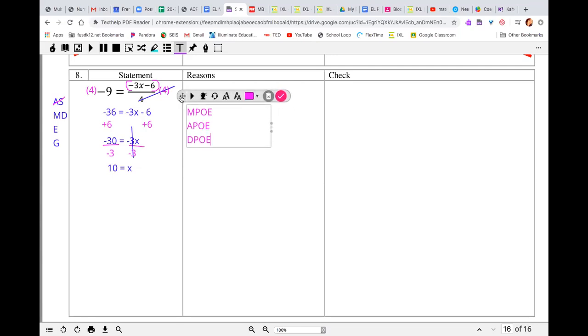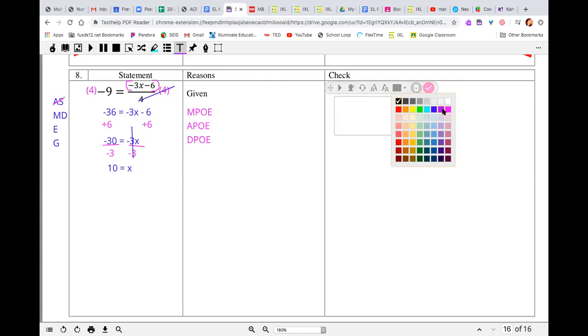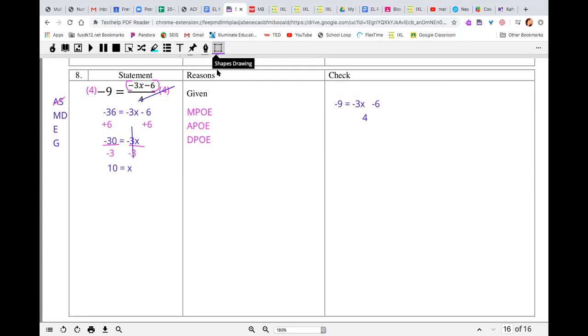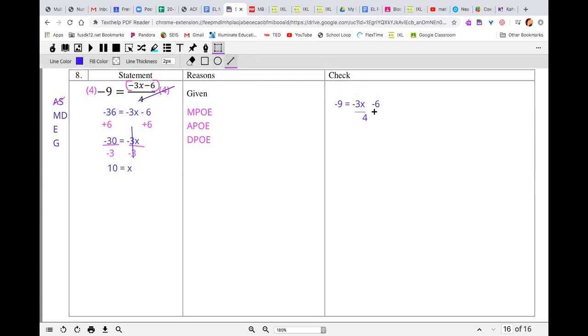Okay. Checking our work. Negative 9 equals negative 3x minus 6, and then put 4 under here, and then a fraction line.